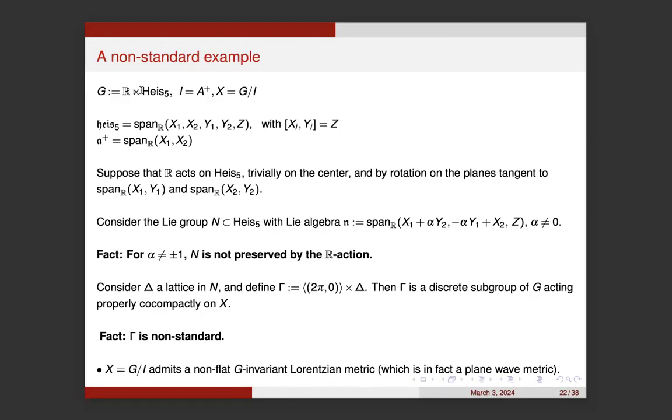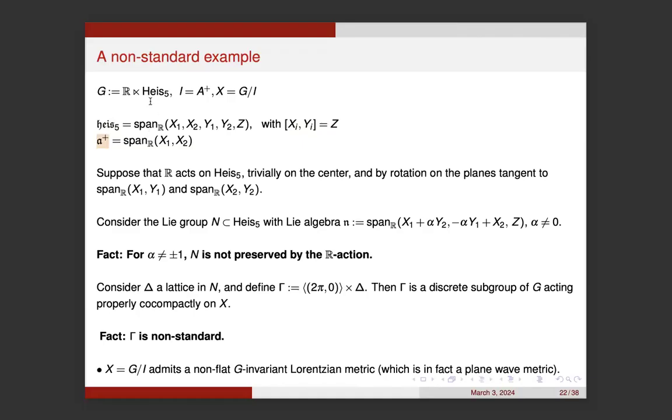I consider an extension of the Heisenberg group of dimension 5 by R. So the Lie algebra of the Heisenberg group of dimension 5 is generated by x1, x2, y1, y2, z, where the only non-vanishing brackets are these two non-null brackets. And A plus is an abelian subspace there, which I call A plus.